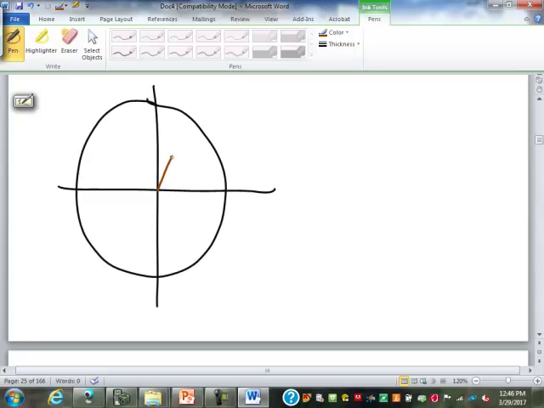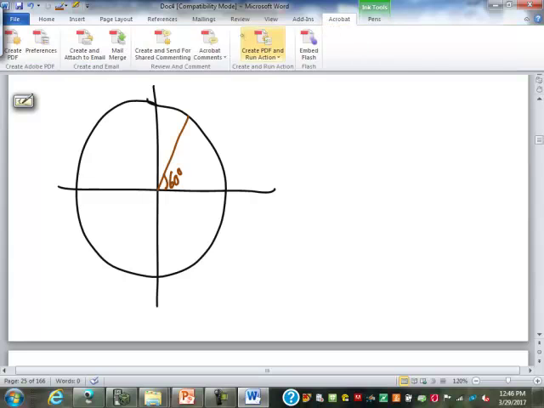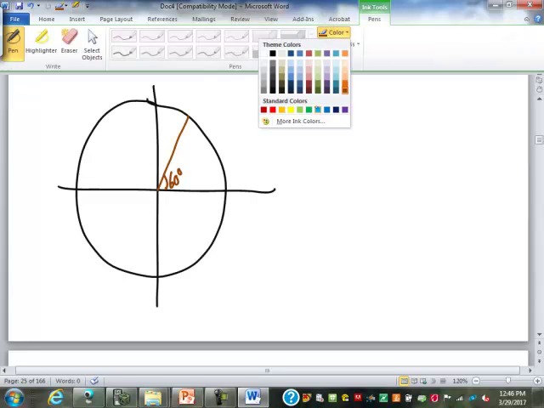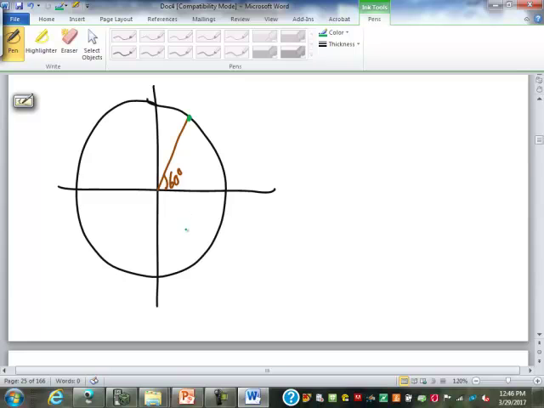But let's go back to that 60-degree angle here. That's the terminal side of that 60-degree angle. It defines a point on the circle. The sine of 60, now this is a unit circle, which means this radius here is 1 unit.